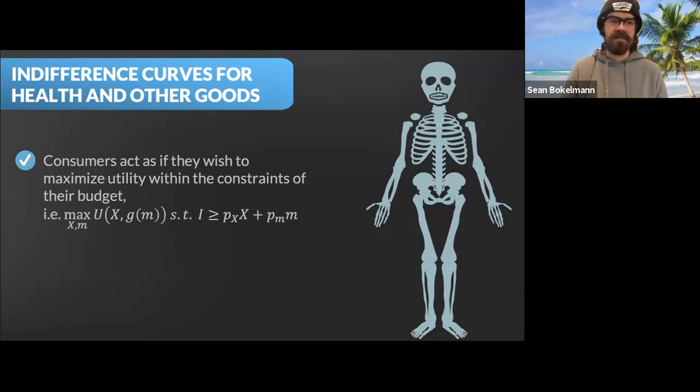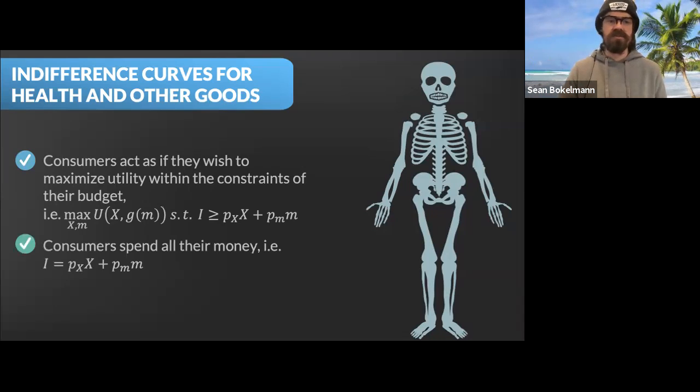So that's the maximization problem. And since consumers are trying to maximize their utility, we also assume that they spend all of their money, right? So it's not just an inequality, it's actually an equality, right? The amount of money they spend on X and M is exactly equal to their income. So that's what we're doing here, right?